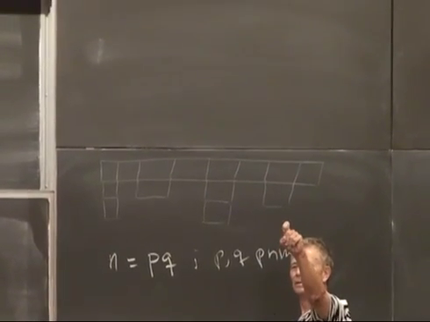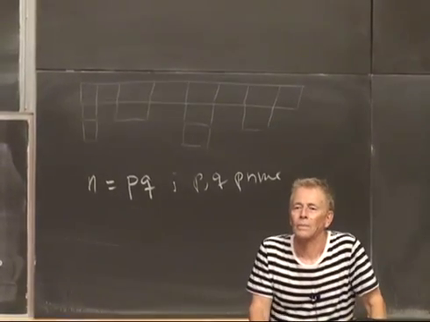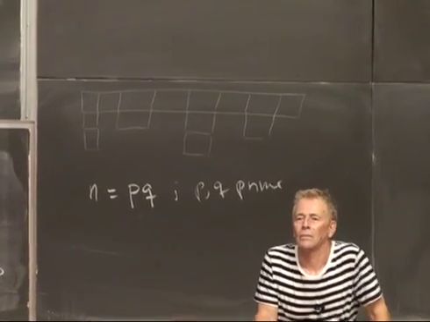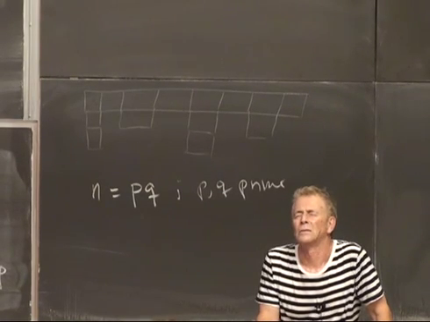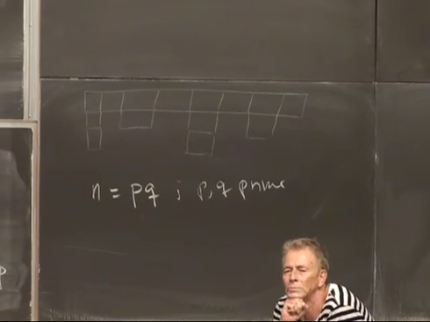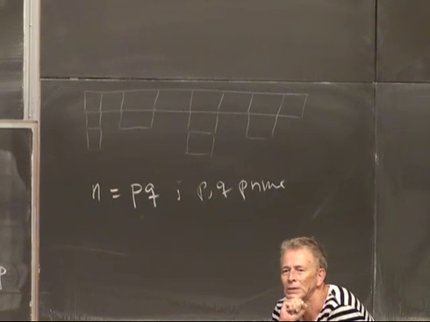Alex? Is that true? Let's think about that. Well, you only have to check, like 35 is 5 times 7, right? And 7 is bigger than the square root of 35.